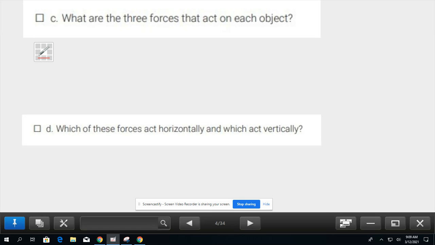So what are the three forces that are acting on these three objects? What are the forces that are acting on the objects? We know that one force that's acting on all of the objects at a distance is gravity.